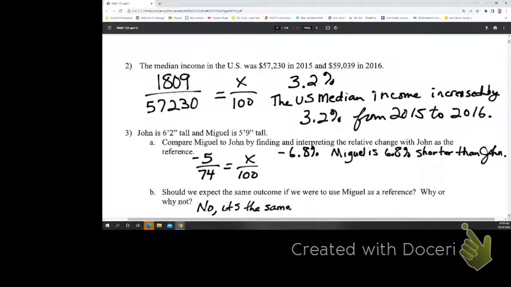It's not the same due to a change in the base. So if Miguel is the reference, it's not 5 over 74, it's 5 over 69, which obviously mathematically cannot give us the same answer as 5 over 74.